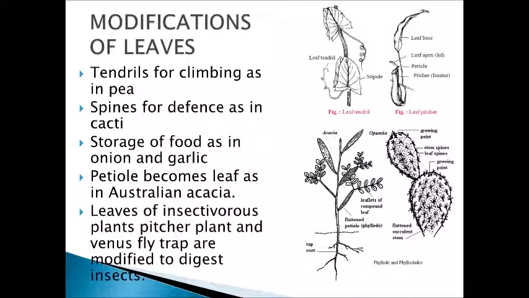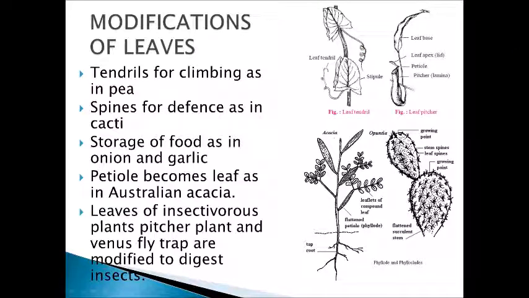Let us see the modifications of leaves. Tendrils for climbing in pea plant. Here leaf tendrils, as you can see in pea plant, these tendrils help the pea plant for climbing.